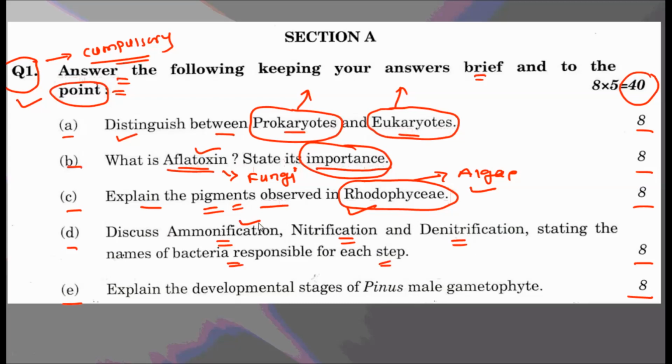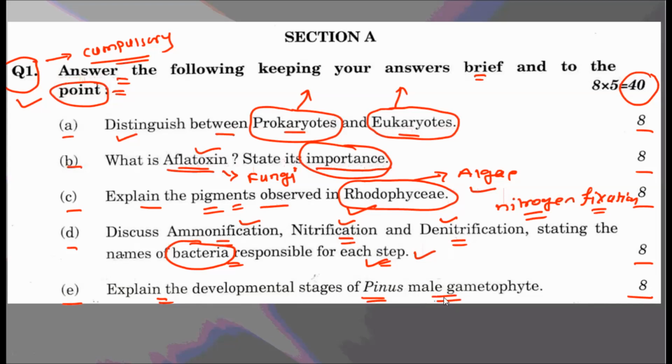As you know, all these 3 terms are related to nitrogen fixation. So you have to discuss all these 3 terms, and you have to name the bacteria which is responsible for each step. To write this question properly, you should know in detail the nitrogen fixation by the bacteria.